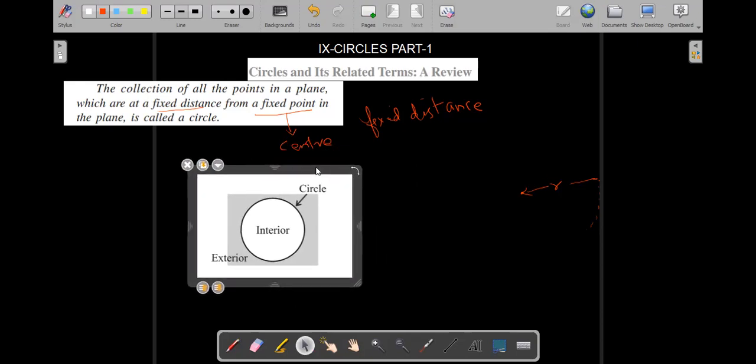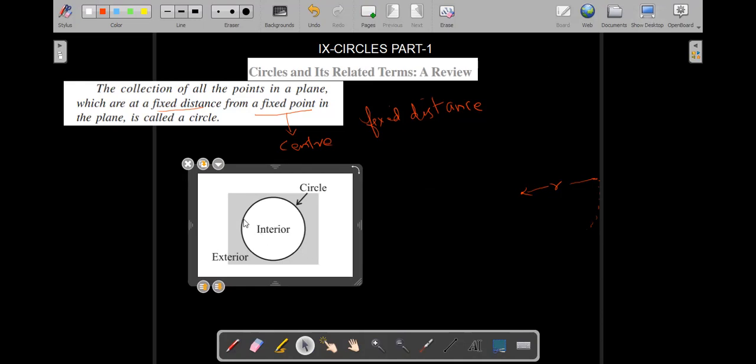Similarly, a circle divides the plane into three parts. Correct? Inside the circle, which is called interior, and the circle, and outside the circle.